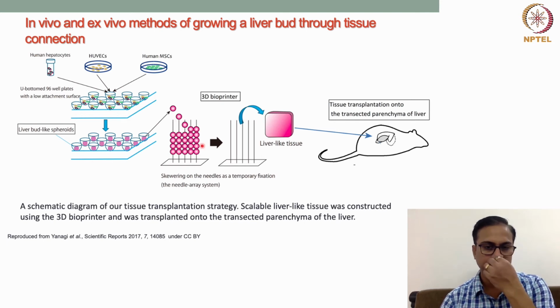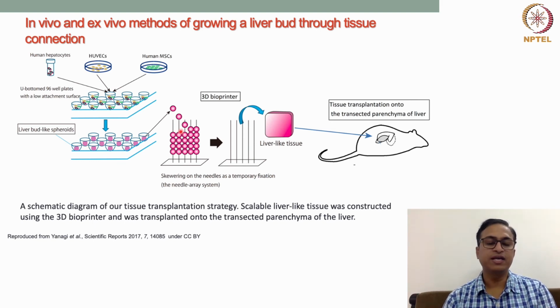Now upon culturing for some time, what will happen? The cells present in the spheroids will assemble with each other, they will migrate, self-assembly will happen, and finally a continuous tissue will develop like this, and then that can be used for transplantation into the parenchyma of the liver.